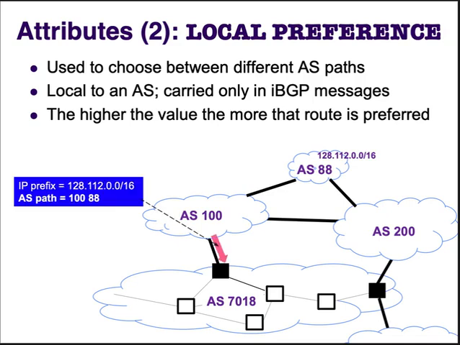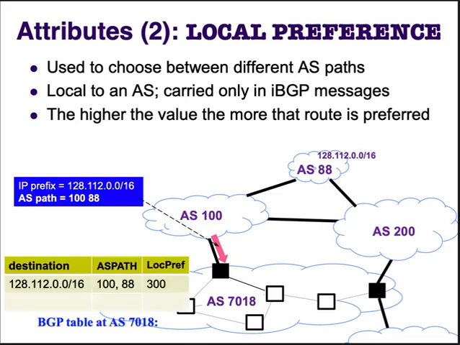The way we're going to use local preference is that let's say AT&T prefers using the path through AS100 because maybe 100 is a customer and 200 is a peer, just to reflect Gao-Rexford. So AT&T is going to configure its border routers to say, when you get a prefix advertised by AS100, internally when you store that path, add a local pref value of, let's say, 300. The value doesn't matter. I'm just picking it out of nowhere.